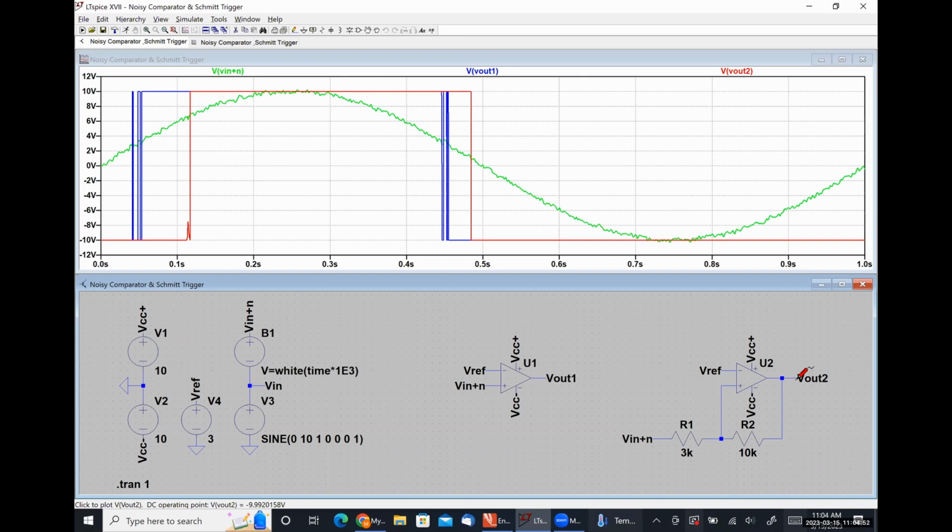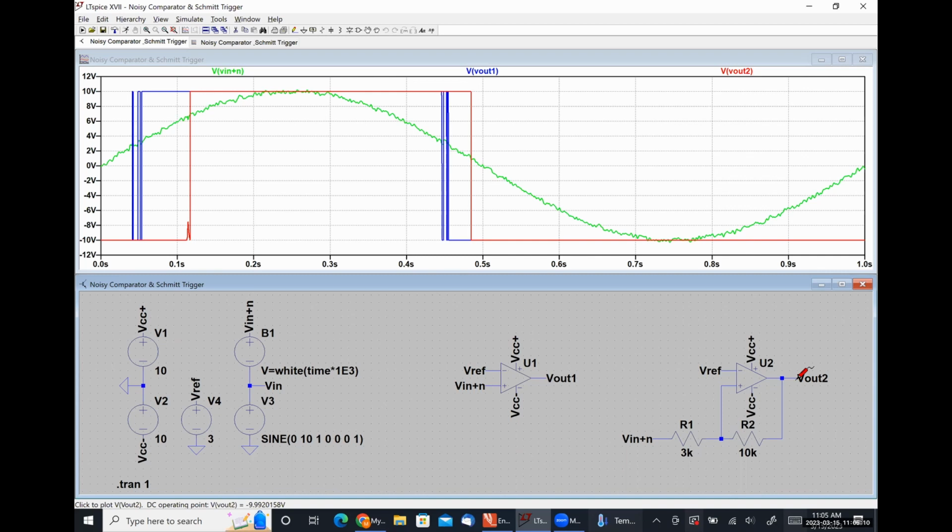So we can estimate here, I'm transitioning from low to high at somewhere about 7 volts. And I am transitioning from high to low at somewhere about 1 volt.